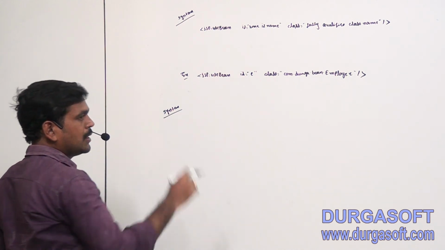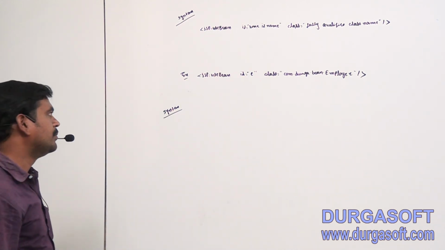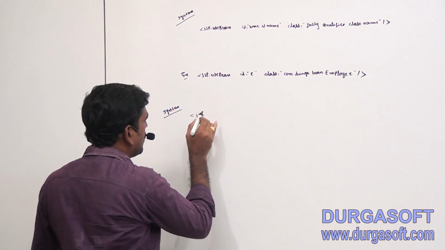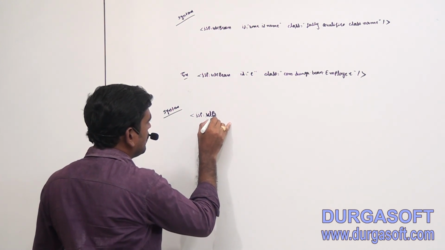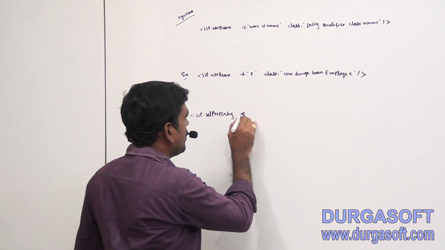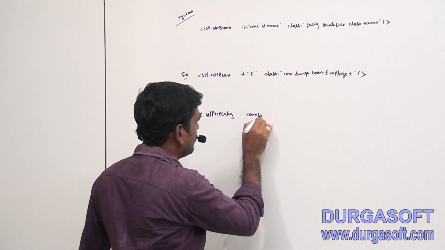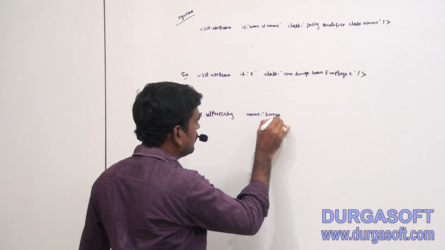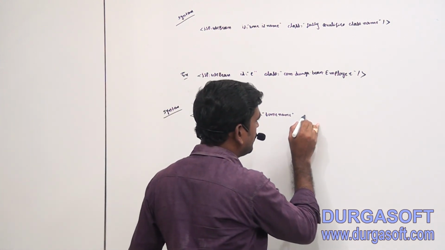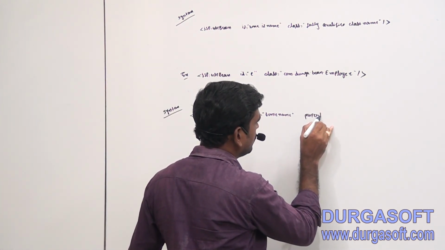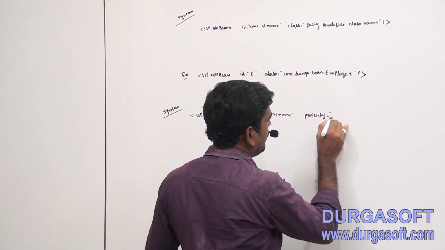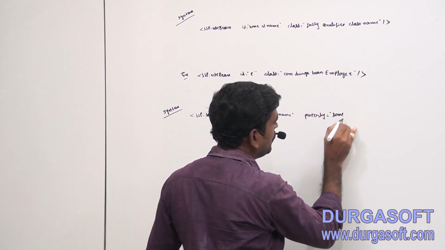Syntax of the setProperty action tag: jsp:setProperty name equal to some name, the next, property equal to some property name, a POJO class property.